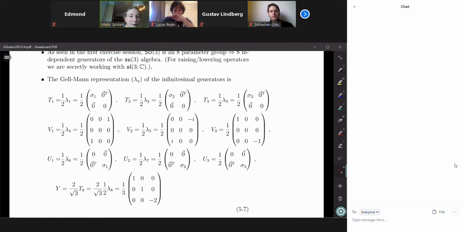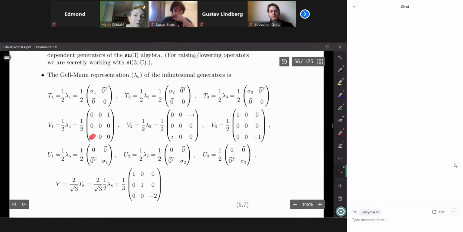Then we will use this guy with the -1 and a 1 in the 1 free component, similarly with the minus i and an i. This matrix we will not count as one of our generators, but we will use it, so it makes sense to define it.